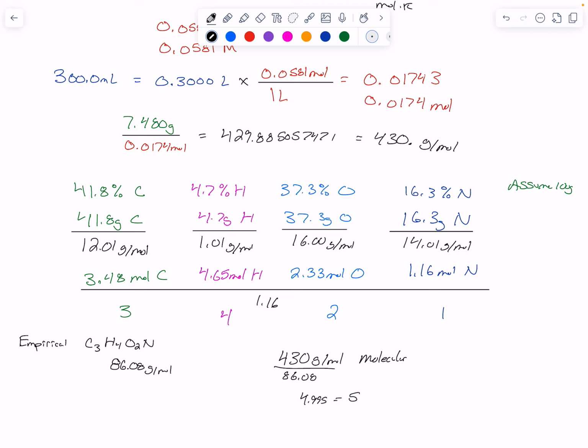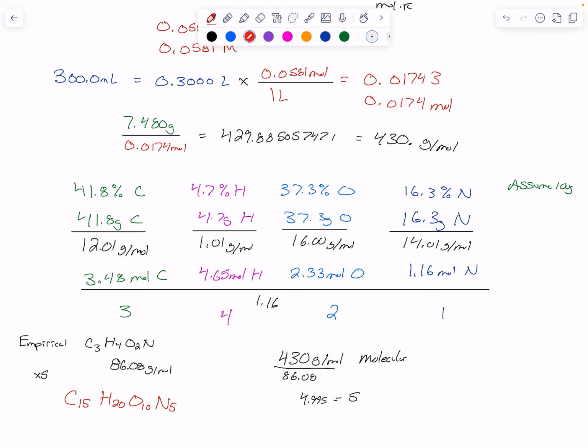So I got to take my empirical and multiply it by 5 to get the molecular. That means the molecular would be C15H20O10N5. Whew, that was a good one.